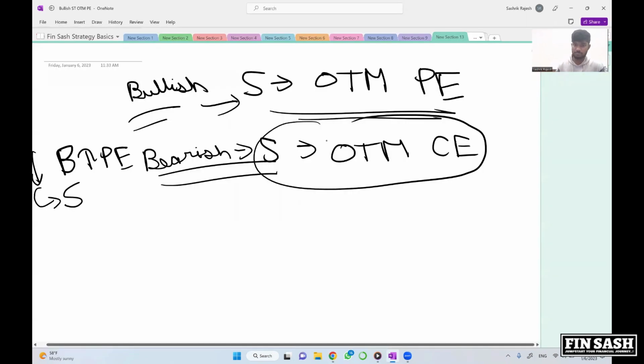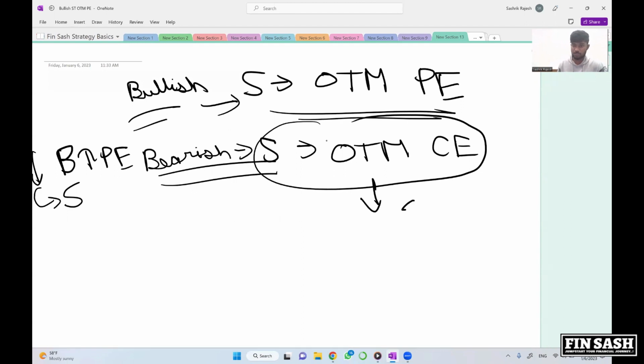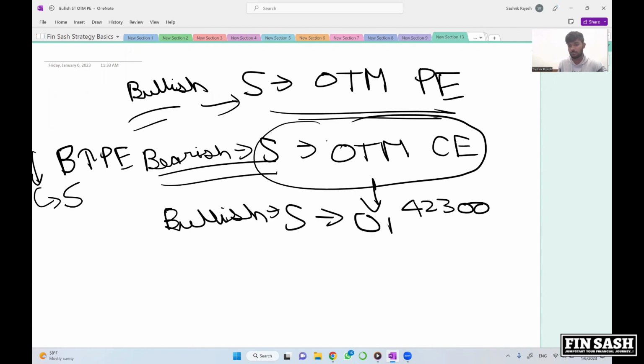And for a bullish market, shorting an OTM option could be 41,500, right?